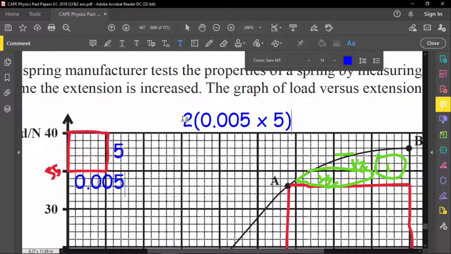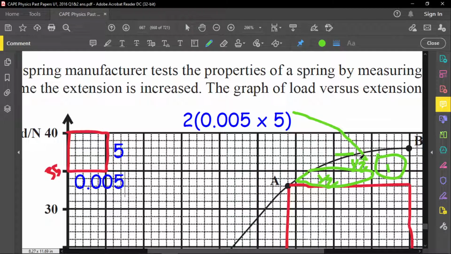And that will be our area in that region that we have no definite shape. Okay, so I'm going to put an arrow right there. So all of this region below this graph is equal to 2 multiplied by 0.005 times 5.